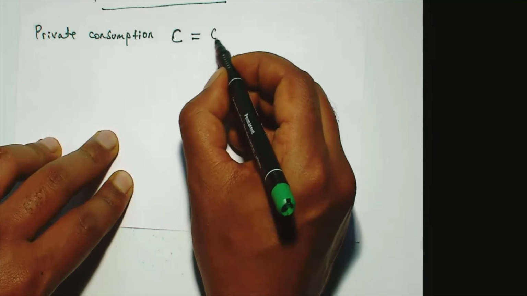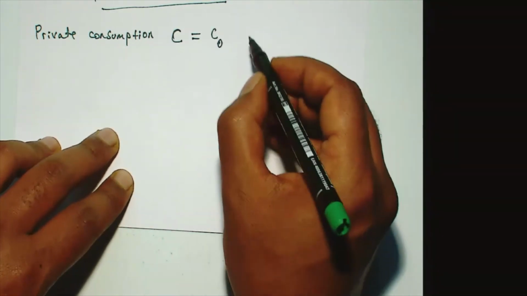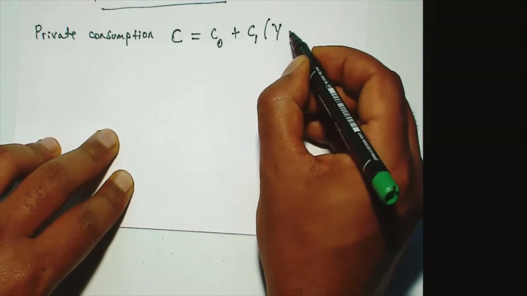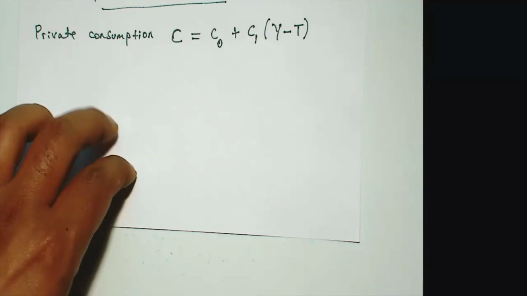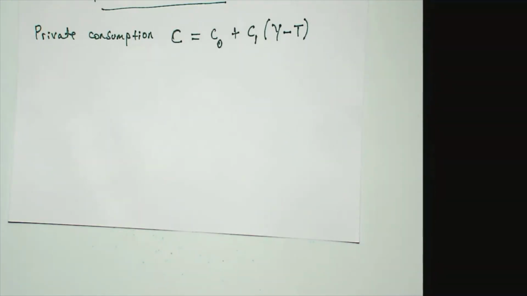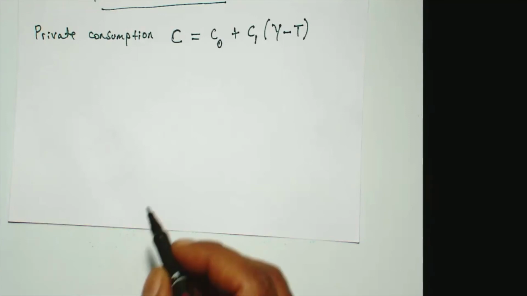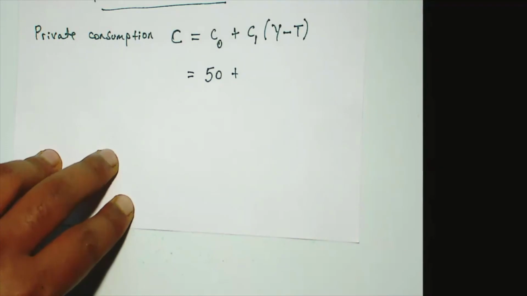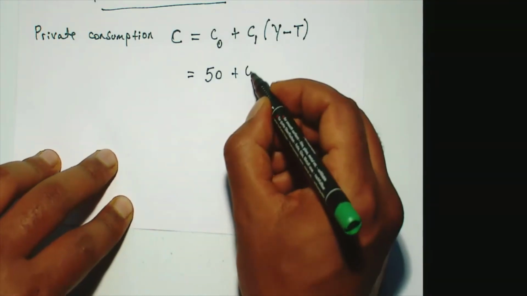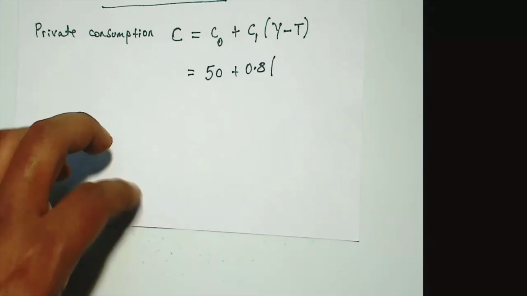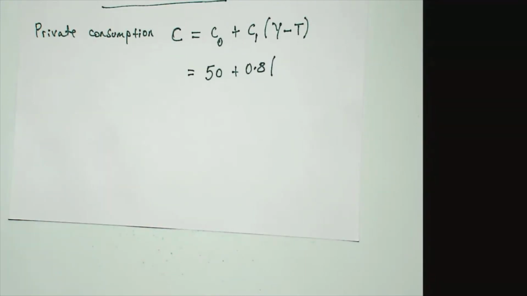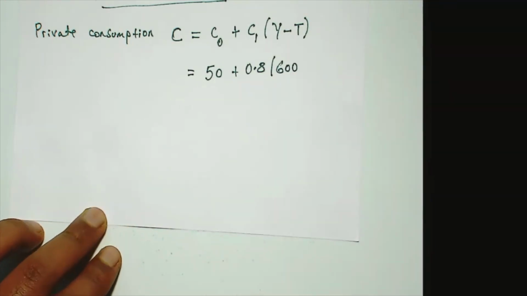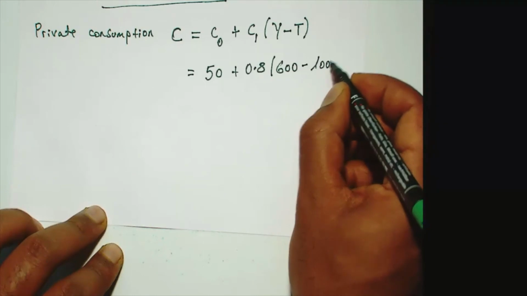Consumption is the sum of autonomous consumption plus the marginal propensity to consume multiplied by disposable income, which is Y - T. Inserting the values from my table, I have 50 as autonomous consumption, 0.8 as marginal propensity to consume, and the equilibrium level of income is 600, minus our tax of 100.